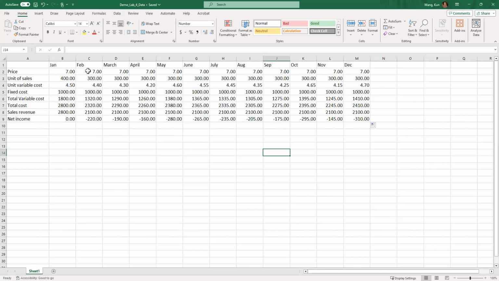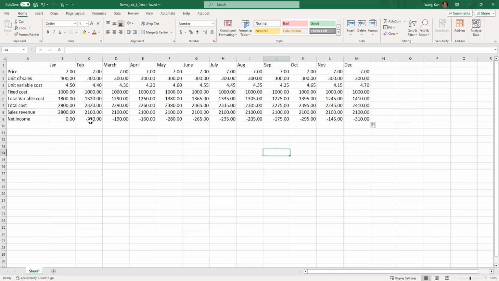Let's take a look at February. We have 300 sales units, the same sales price per unit, and a slightly lower unit variable cost. Right now, we are suffering a 220 net loss rather than a profit.